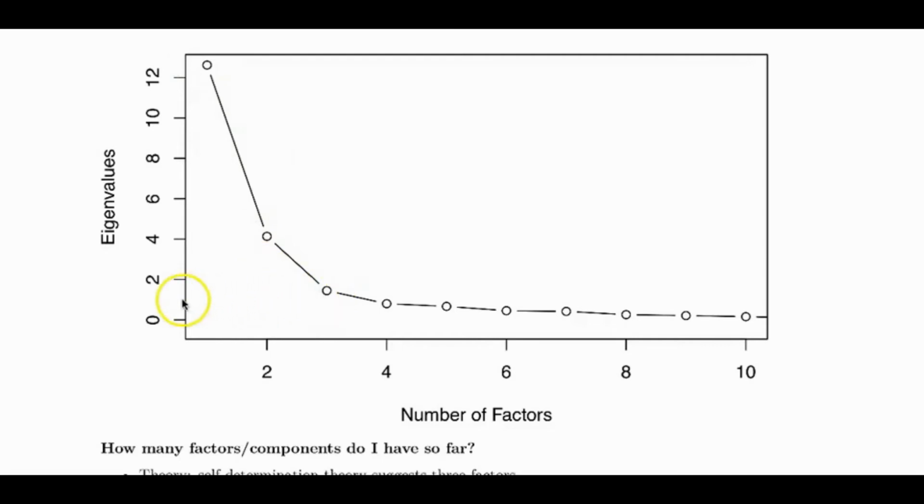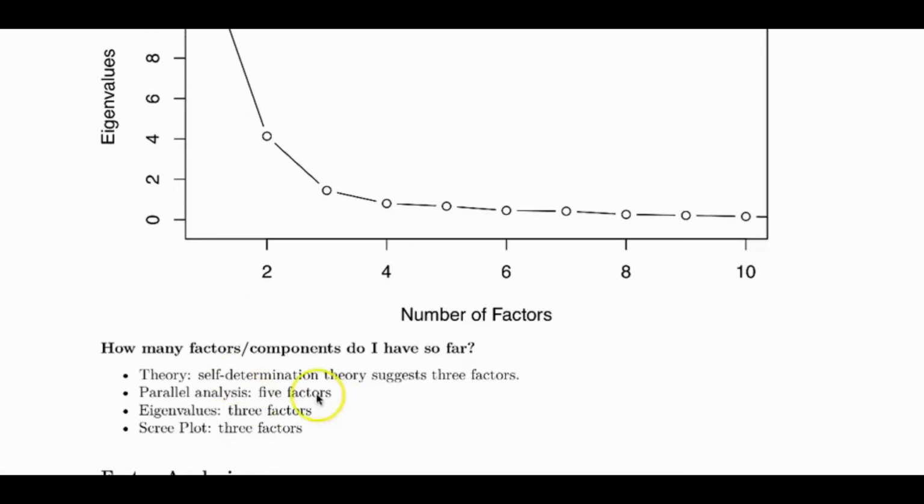You could argue for 3, especially if you focus on the eigenvalues. But it's definitely inconsistent. So theory says 3, parallel analysis says 5, eigenvalue says 3, scree plot says 3, and you could argue for 2. So you can see it's normal not to have them agree. Of course, it would be easier for us if they agreed, but that's just not real life.